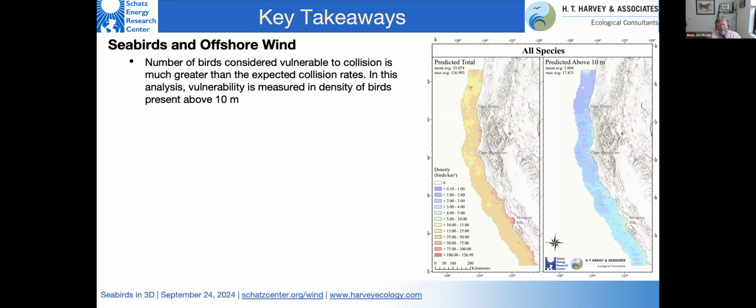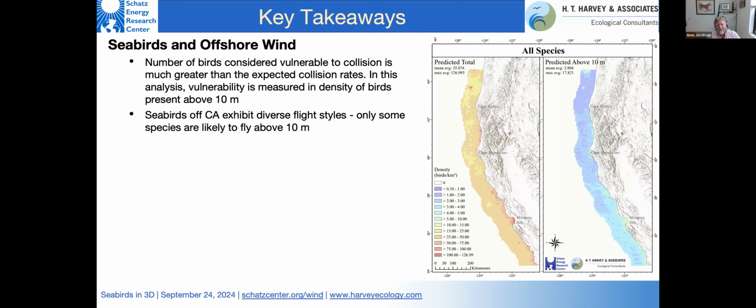In fact, it might be only a small fraction of the times that you would cross that would result in a collision. We're not trying to make a quantitative comparison there, but just a qualitative one, which is that seabird vulnerability means being up in that area where you might interact with the turbine blades, but it doesn't necessarily mean that's the same as a collision.